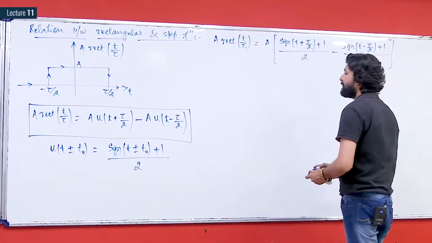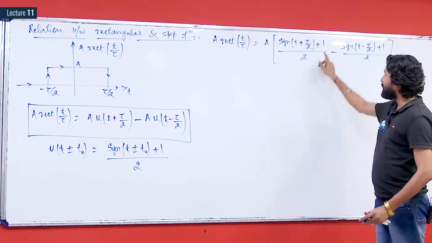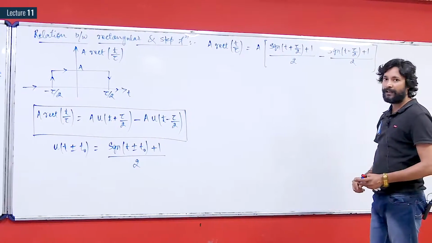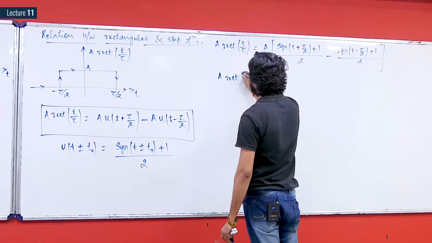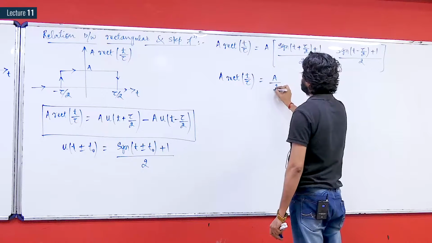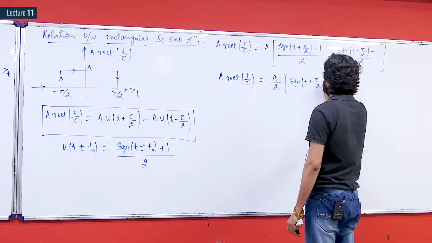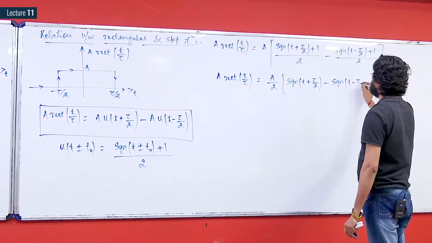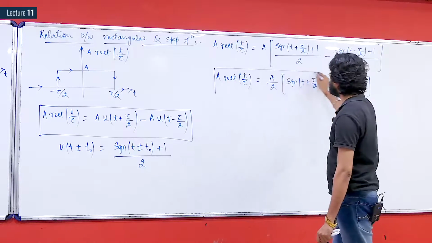Now again, as the signal exists in a finite duration, you can see that the constant terms will cancel out, as here it is plus 1 by 2 and it is minus 1 by 2. So the net constant value will be 0, and you will obtain the representation of a rectangle of t upon tau in terms of signum function as a by 2 times signum of t plus tau by 2 minus signum of t minus tau by 2.